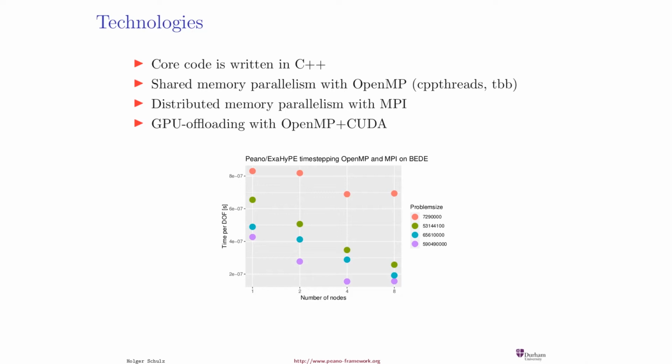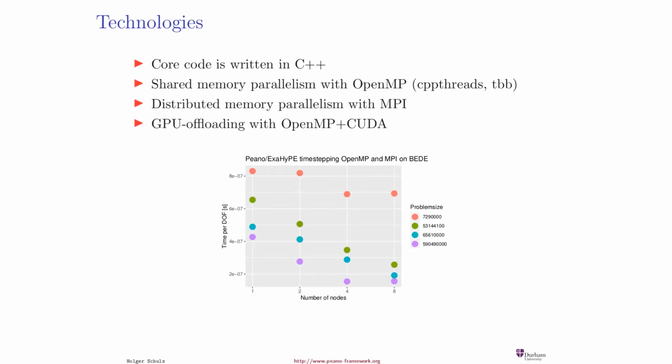And so this cartoon at the bottom shows you a scaling test that we've done on Bede, and we had the fortune that we were early users of the system. So we had the machine for ourselves for some time, and we were able to run through a number of permutations of our problem size and how we orchestrate the parallelism.